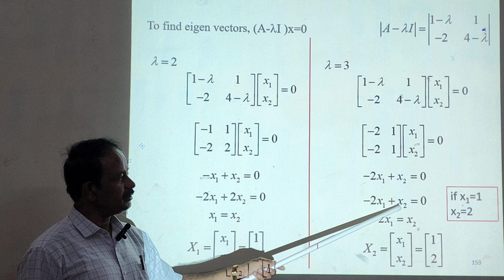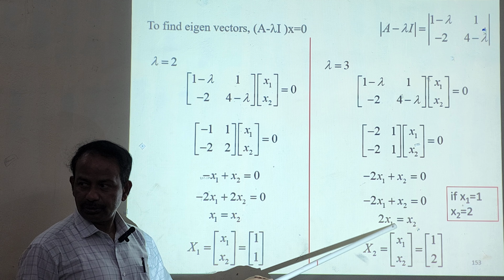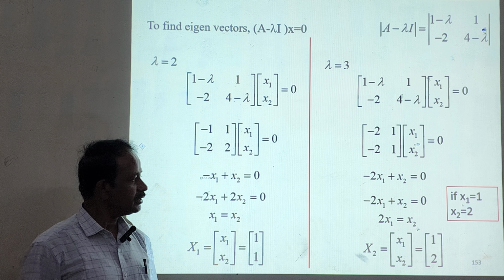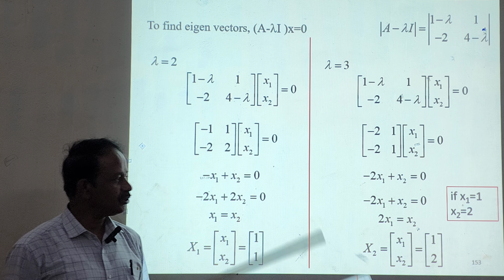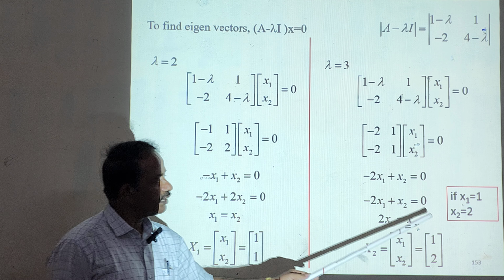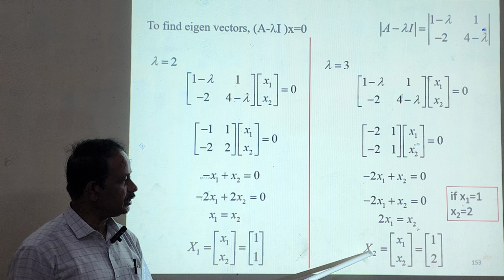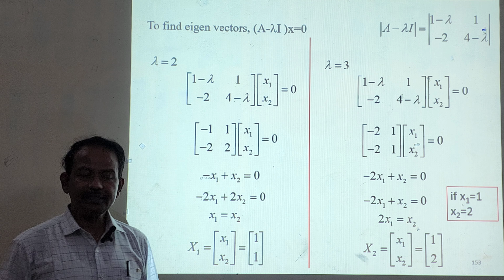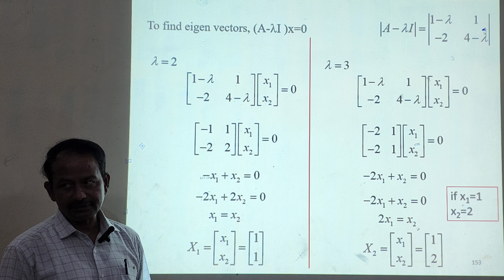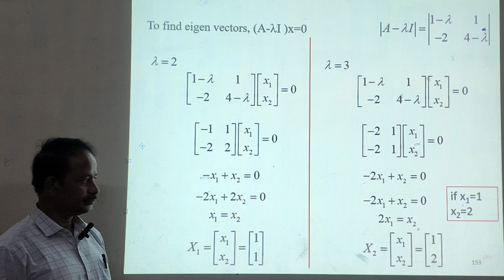Similarly for the second one, the equation goes like this. 2x1 equal to x2. If x1 equal to 1, we have x2 equal to 2. So that will give you 1, 2. Either way you can do it, doesn't matter. You will get the same answer. So the eigenvector is 1, 2.